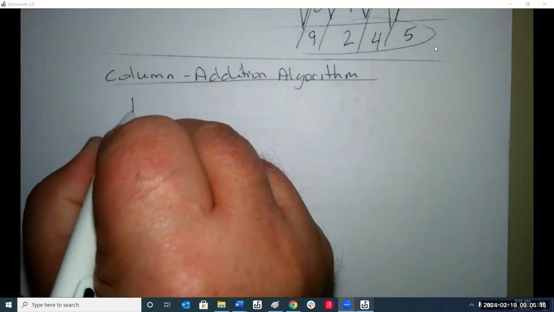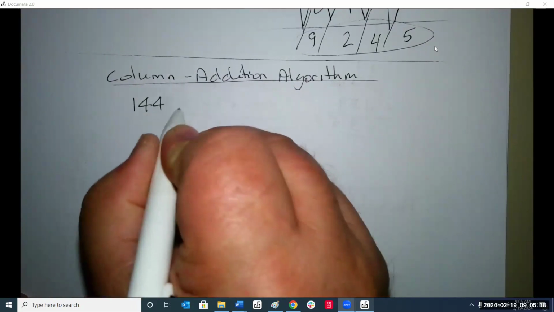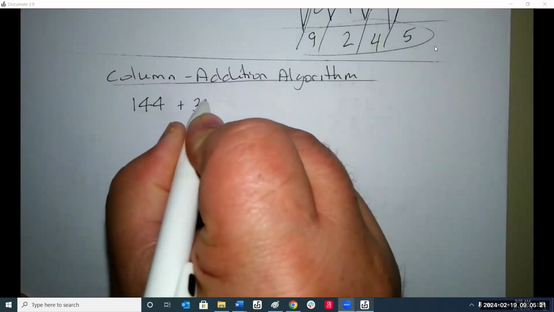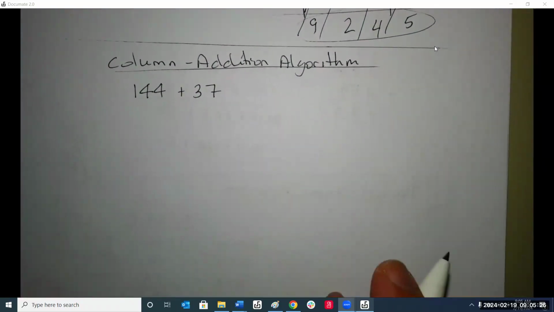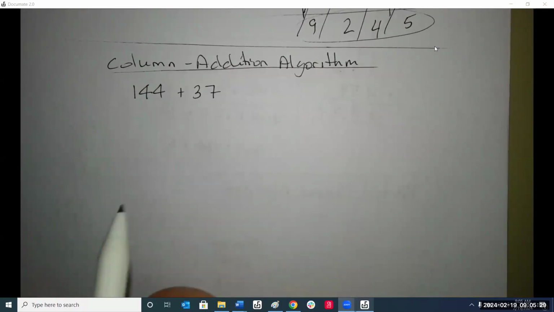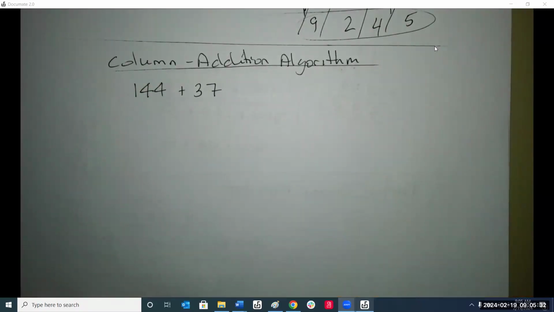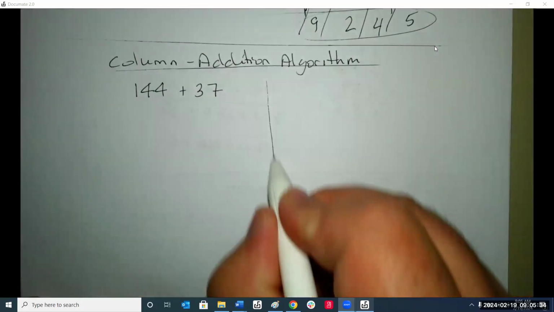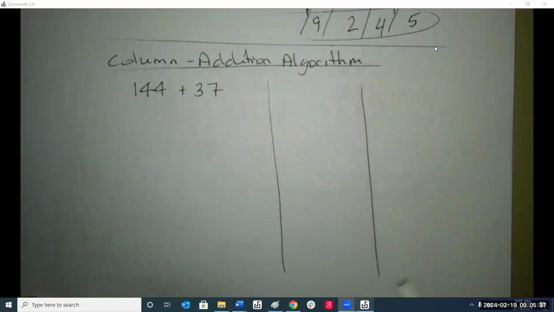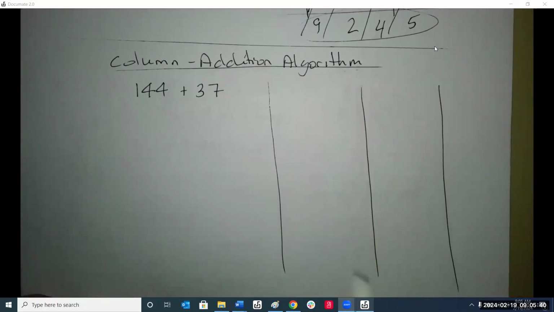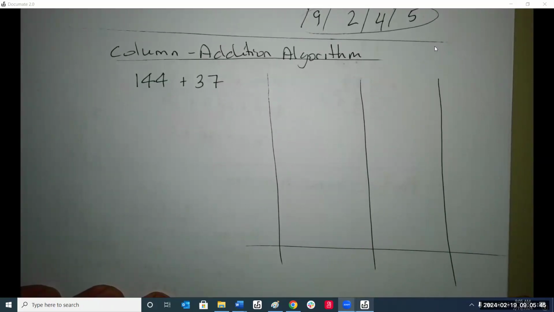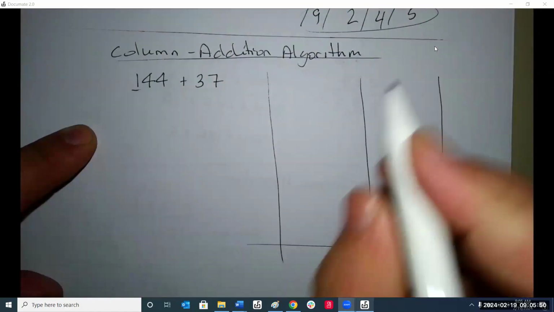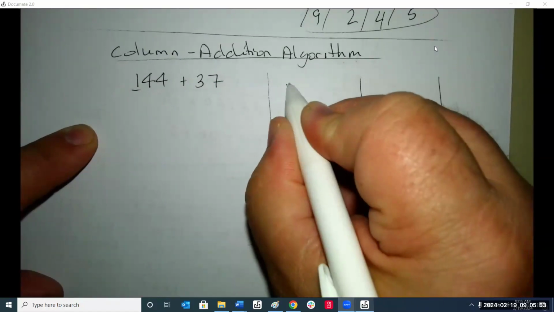So let's look at 144 plus 37. So we have in the hundreds, we have a block.